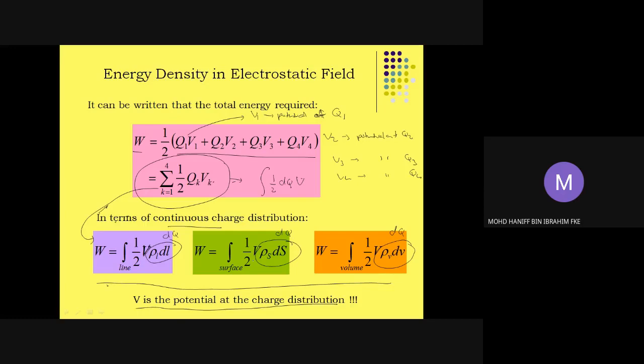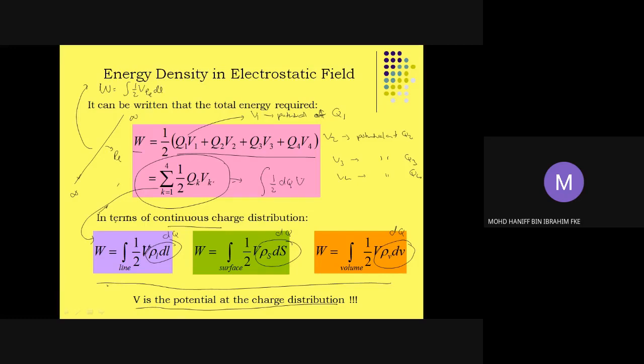So if you are given, for instance, a line charge, let's say we take the charge as infinite in length, and you are given that the density is rho L coulombs per meter. In order for us to find the work or the energy conserved in this particular charge structure, you can use this equation, which is the integration of half V rho L dl.